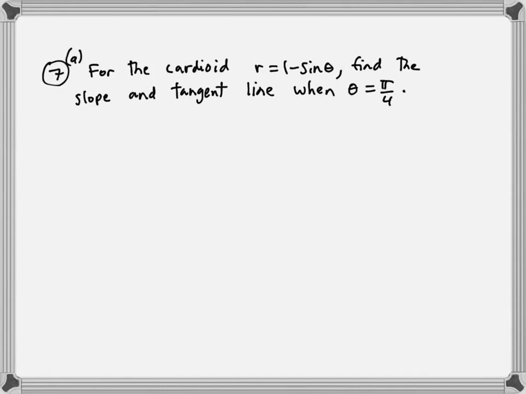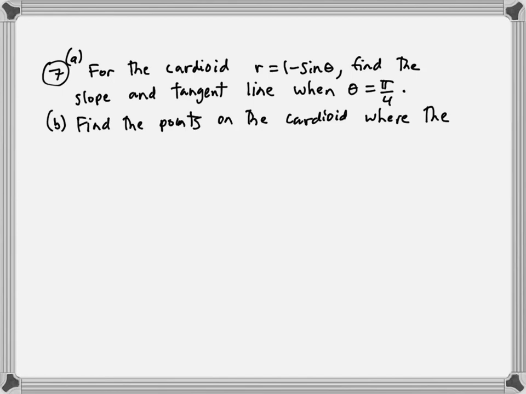This will be part A, and for part B, I want us to find the points on the cardioid where the tangent line is horizontal and vertical.